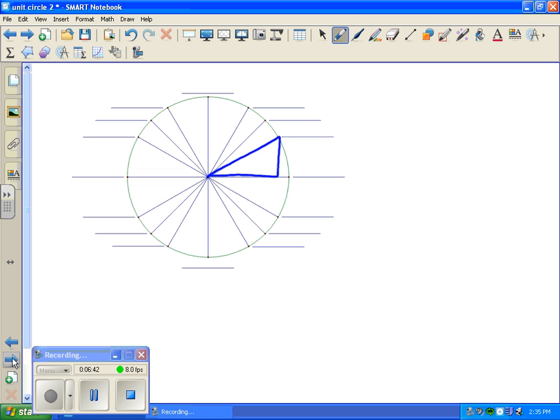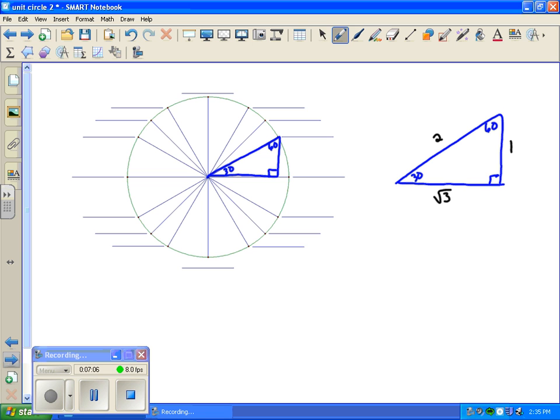In this triangle right here, I've got a 30, 60, 90 proportion. And if you remember your geometry, 30, 60, 90 triangles follow the proportion of 1, 2, square root of 3.